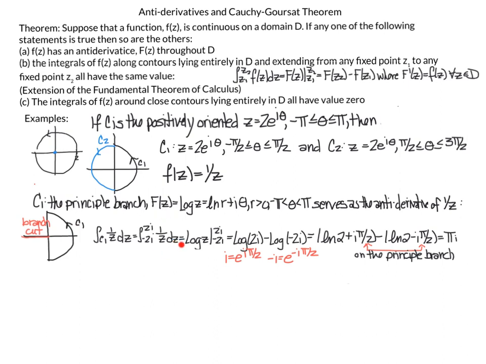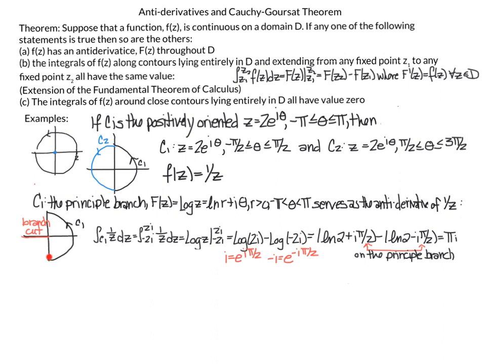And my antiderivative is going to be log of z evaluated at negative 2i and positive 2i. So log of 2i minus log of negative 2i. On our principal branch, 2i is 2 times e to the i pi over 2.